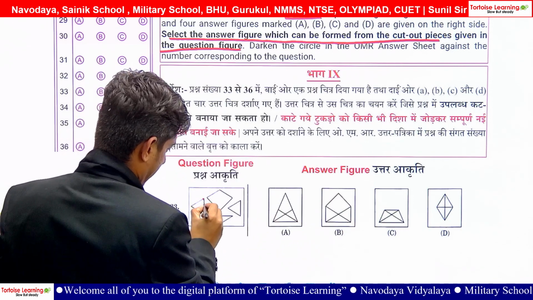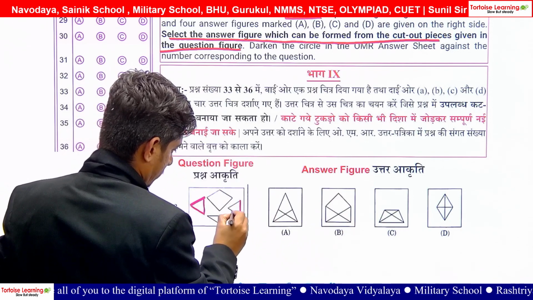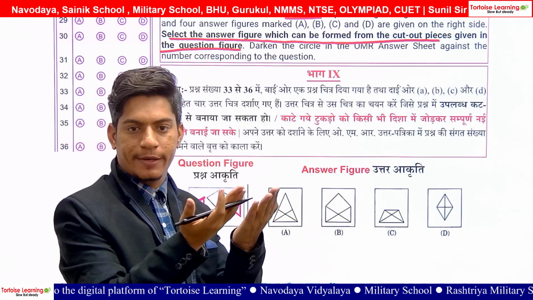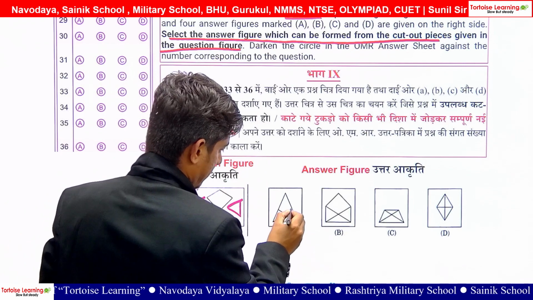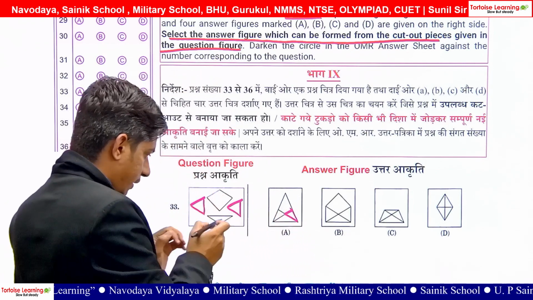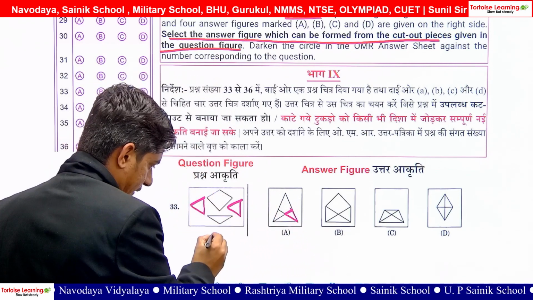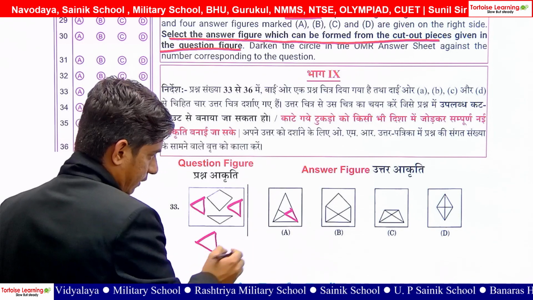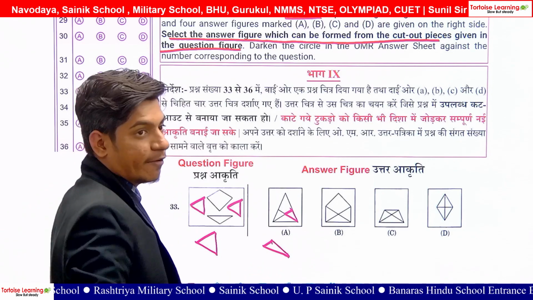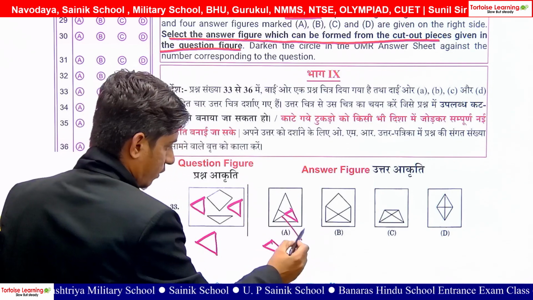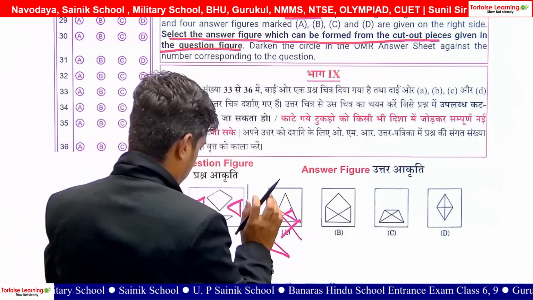Here 2 triangles are given, this one, this one. These can be rotated in every direction. So this triangle is given, but these are equilateral triangles, these are equilateral, and this is not equilateral, this one is a scalene triangle. So this is wrong, this may be the correct.